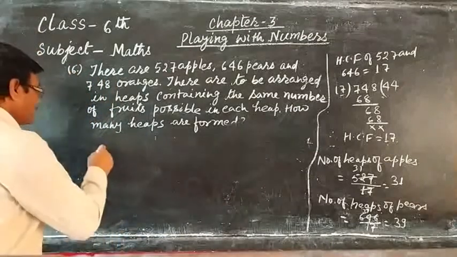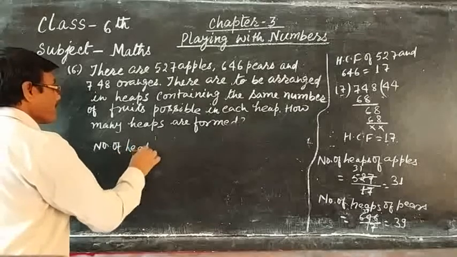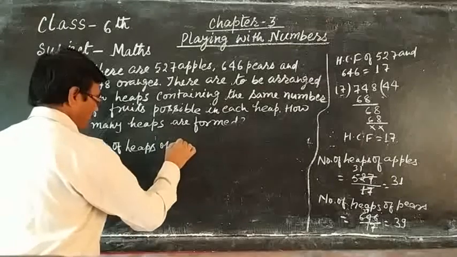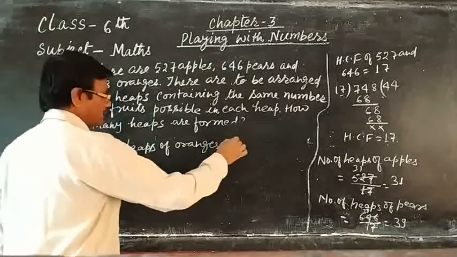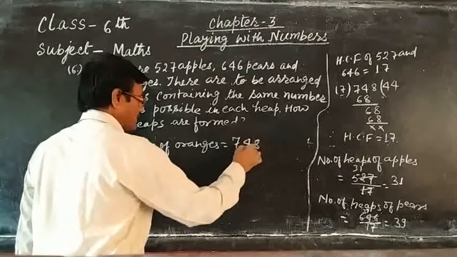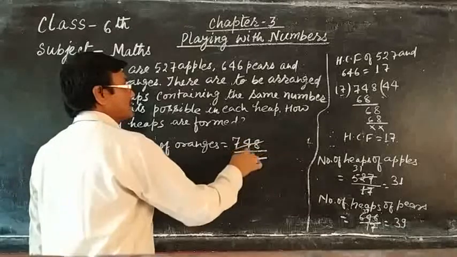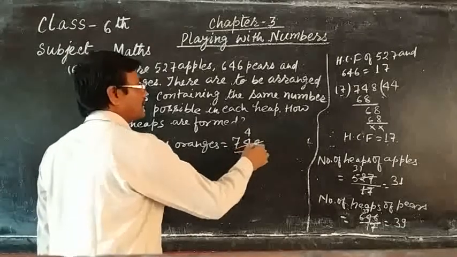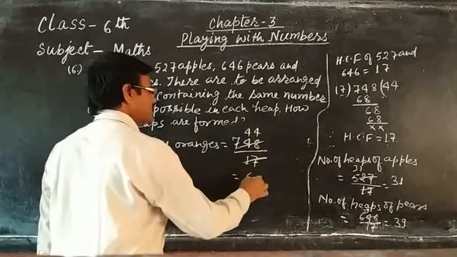Number of heaps of oranges is equal to 748 over 17. So divide: 17 4 are 68, remainder 6 becomes 68, and 17 4 are 68.